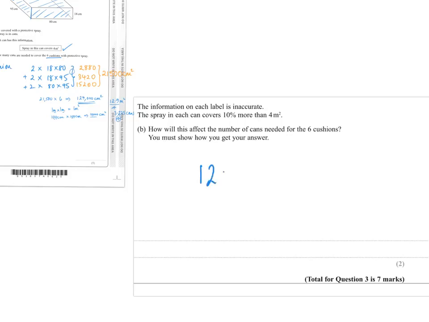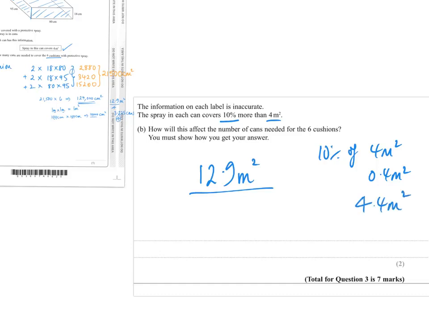So we're going to have 12.9 metre squares to cover, but now the can covers 10% more, so 10% of 4 metre squares is 0.4, and we just add that on, so we'd get 4.4 metre squares, and of course use your calculator if you need to.